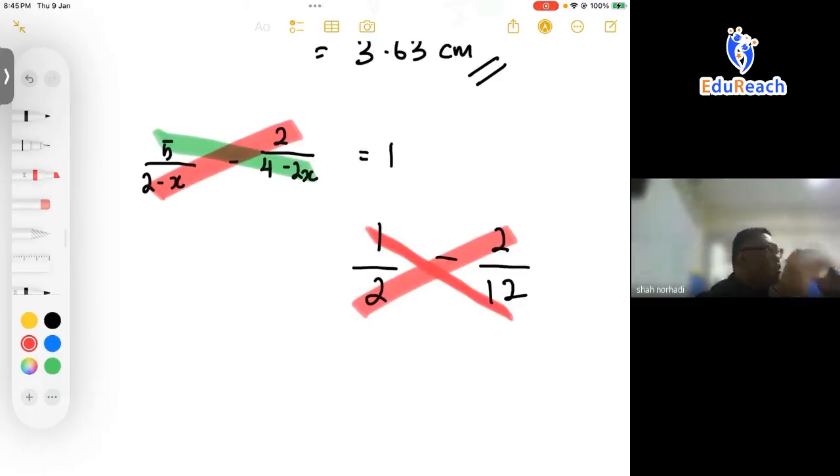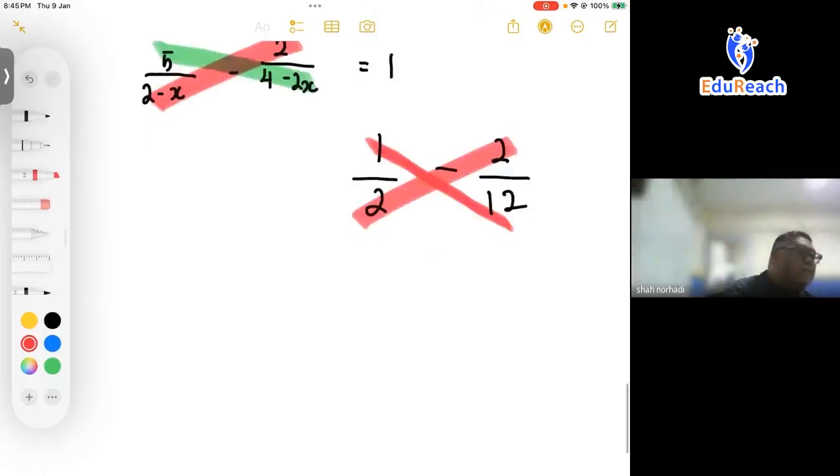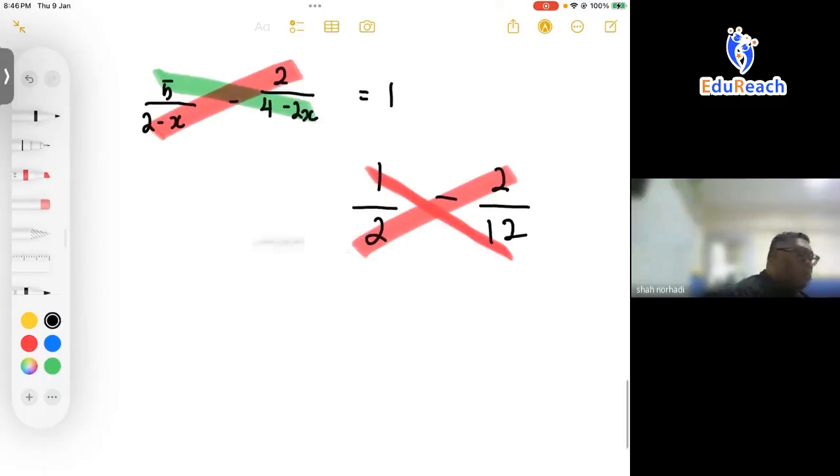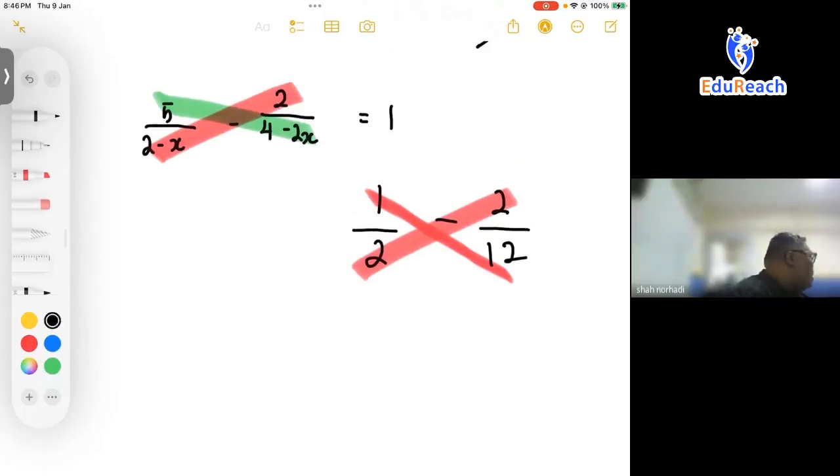When do we do cross multiply? Rayan, when do we do cross multiply? Plus minus? What do you mean by plus minus? Like fraction. Yeah, minus what? Cross multiply. I just said it's wrong. When do we do cross multiply in fraction?